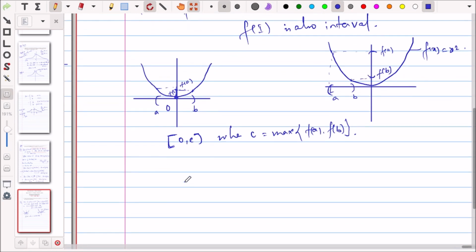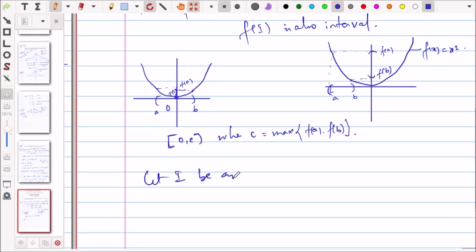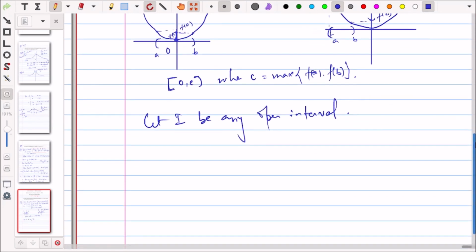So let I be any open interval. Now we have two possibilities.